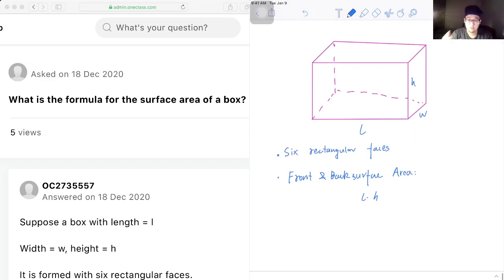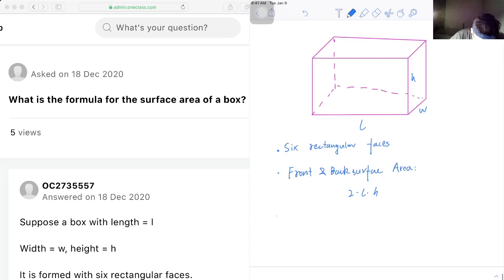And since there are 2 of them, that's going to be 2 times L times H. And the side surface area will be this part, right? So that's gonna be H times W, and since there are 2 of them, that's gonna be 2 times H times W.